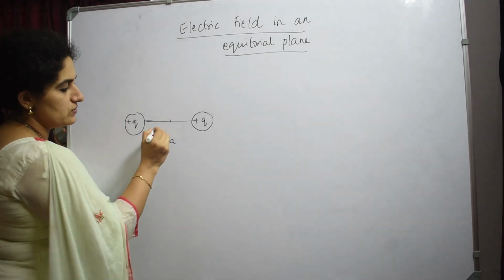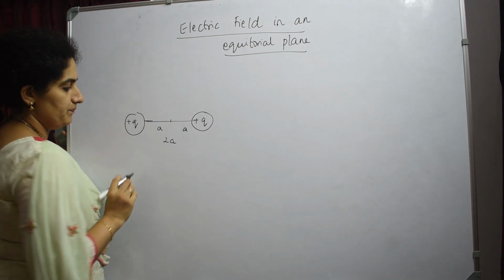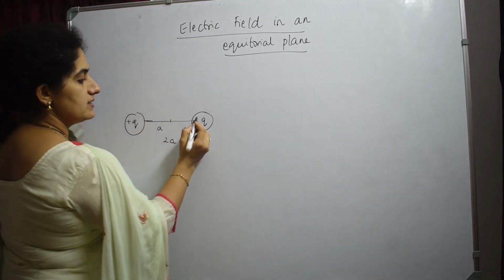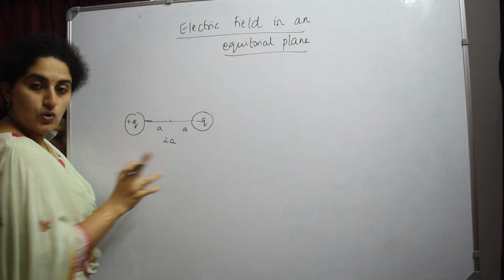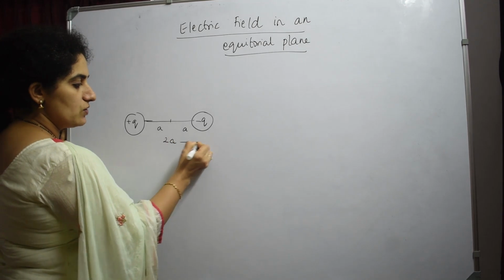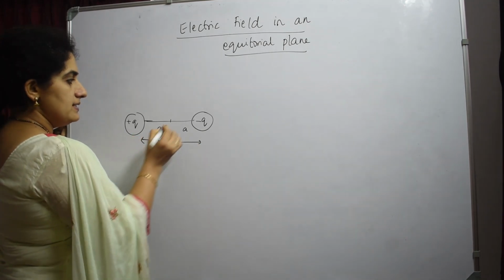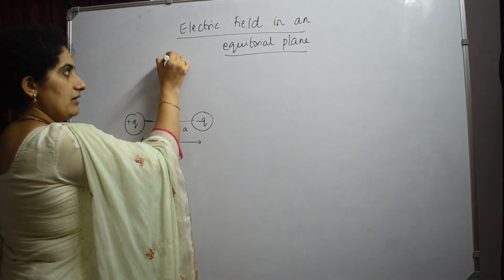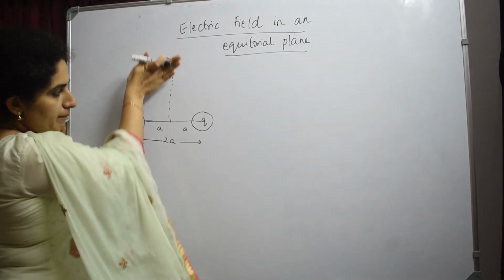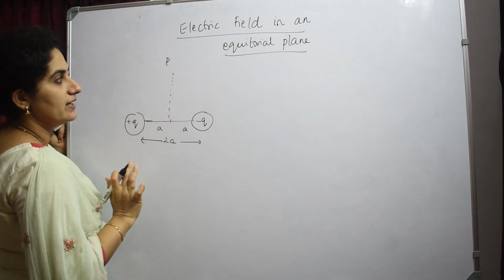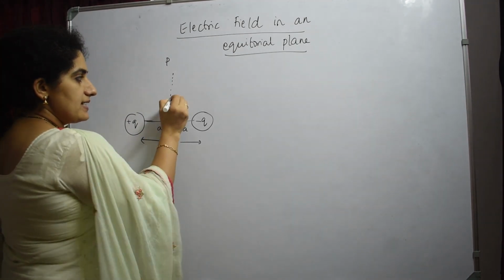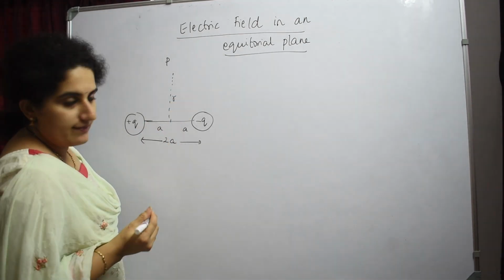Consider the midpoint, so this will be a and a. So we consider plus q and minus q. Two equal and opposite charges form a dipole separated by a distance of 2a. Say that I want to find the electric field at this point, which is in an equatorial plane perpendicular to the line joining the dipole. Say that it is at a distance of r.